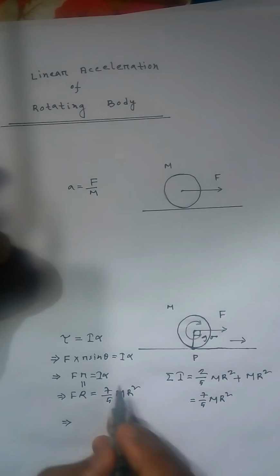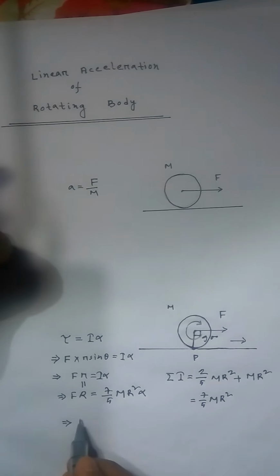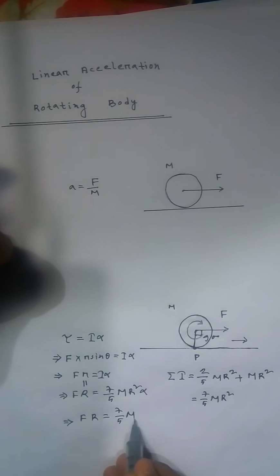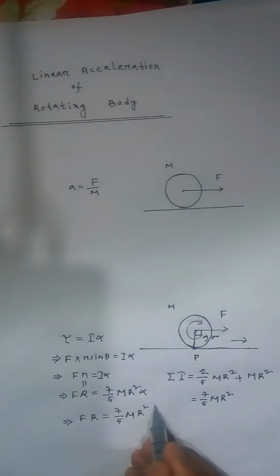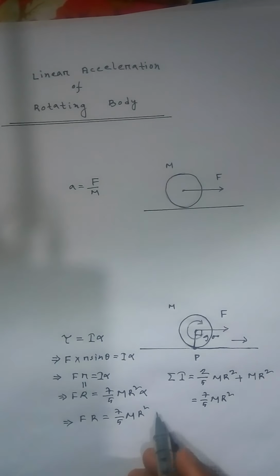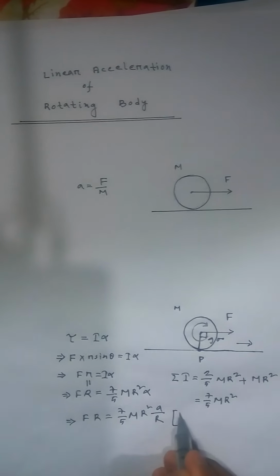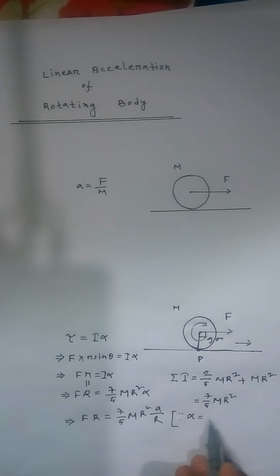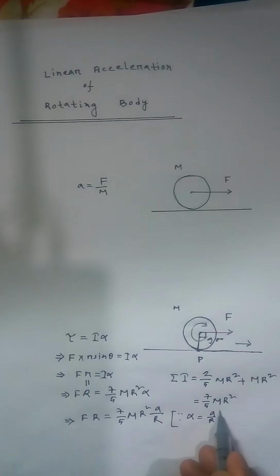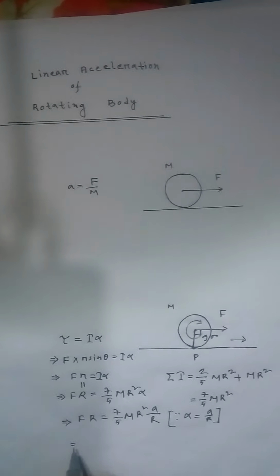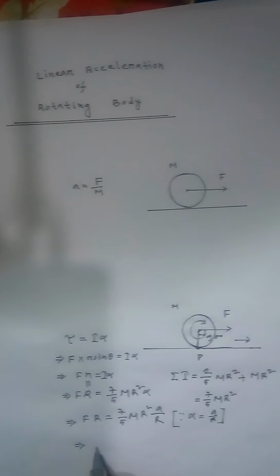So F r equals 7 by 5 m r square alpha, and we can write alpha is equal to a by r. Then what is the value of the acceleration?